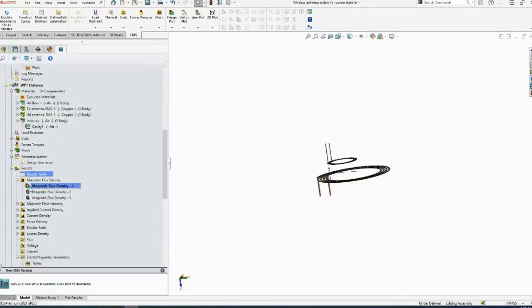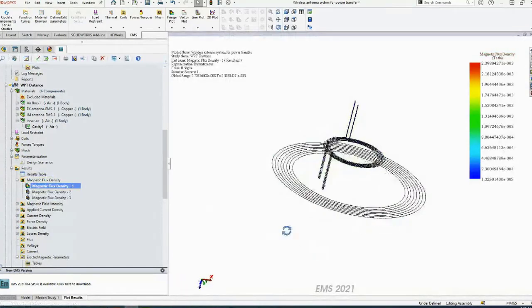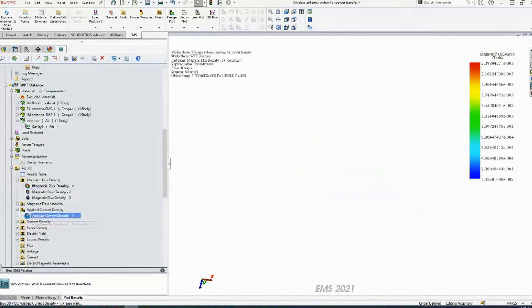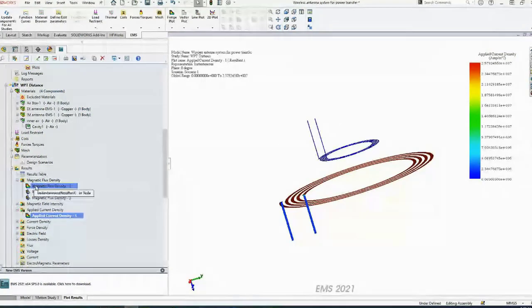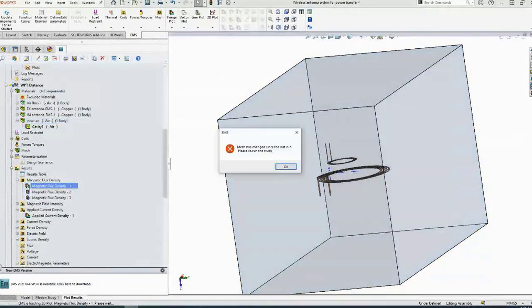Of course, you can look at the plot of H and B, the magnetic flux density B, and the magnetic field H, and the applied current. If you look at the current in the coils, if you want to include the air, I can include the air, and this is my magnetic flux.